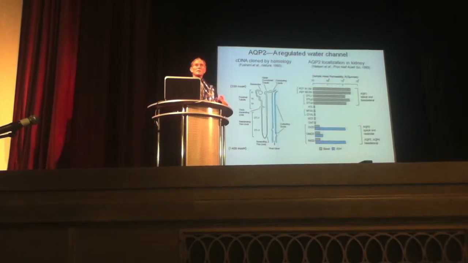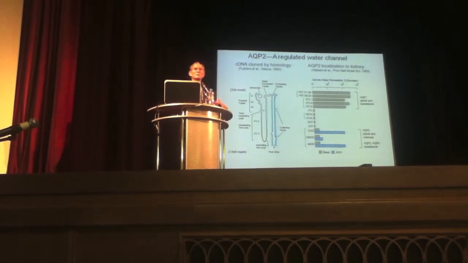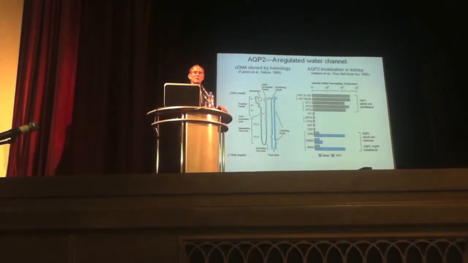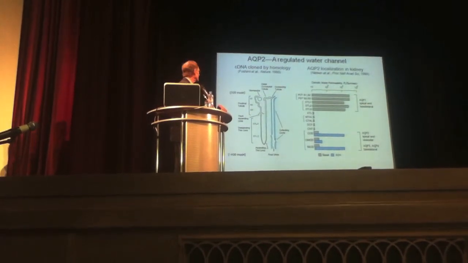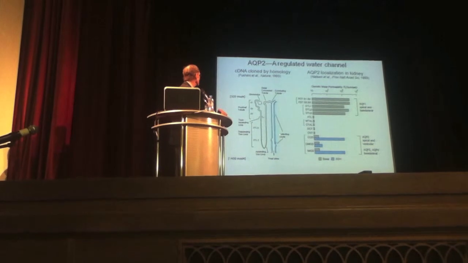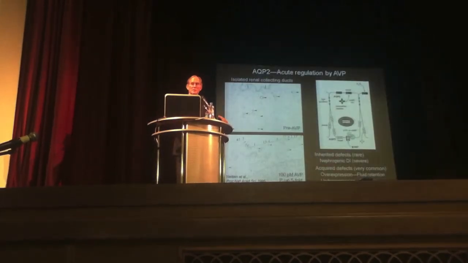So when I talk about the proximal nephron, I mentioned the collecting duct does not have aquaporin 1. This prediction produced sort of a foot race among scientists to clone the homolog in the collecting duct. The vasopressin regulated water channel is known to exist in the collecting duct. And obviously, I'm interested in this.